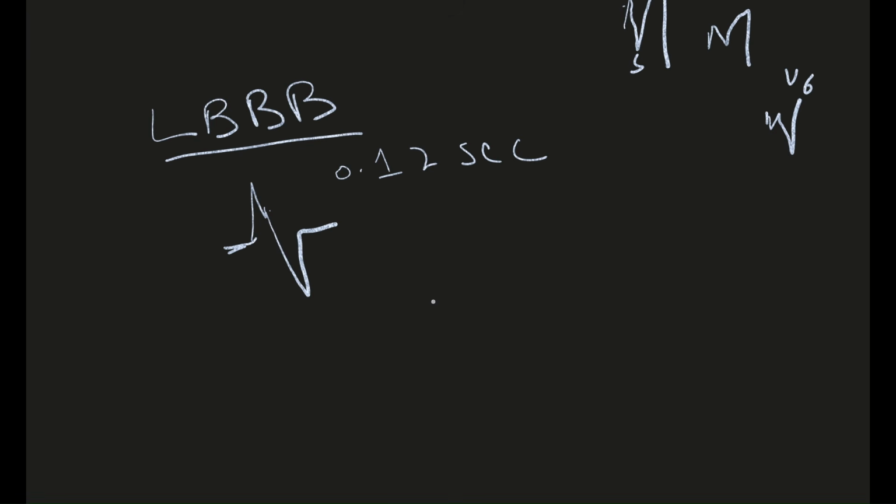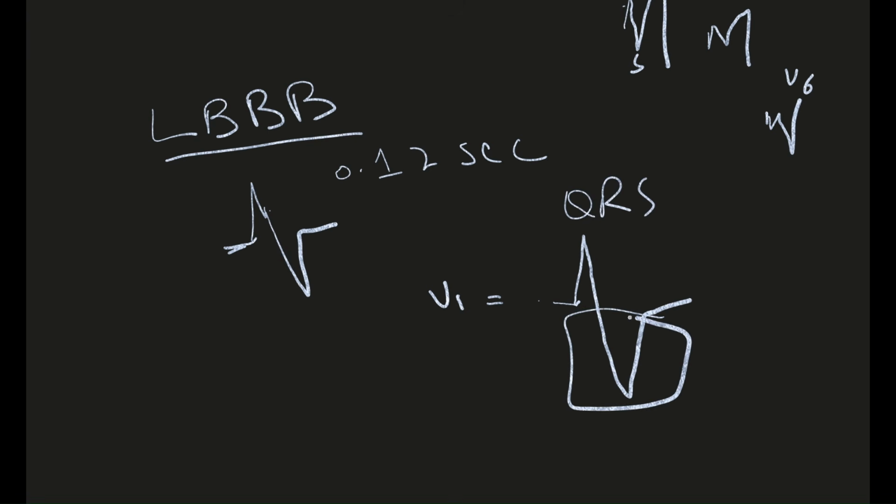For example, in lead V1, dominant S wave in V1, the S wave will be like this. QRS complex will be wide, and this will be S wave. It will be more than R wave. It will be dominant wave. Then this is left bundle branch block.